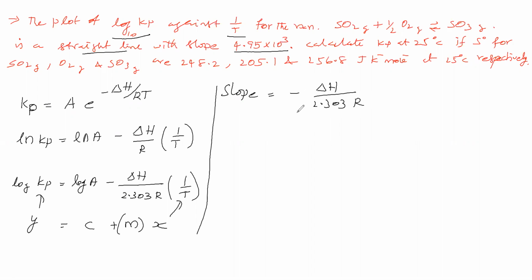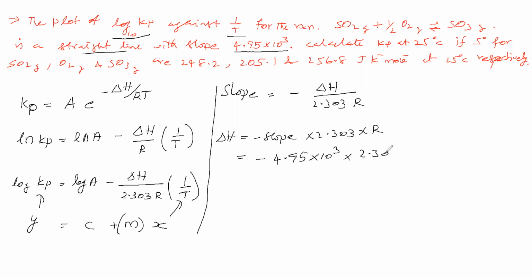So now we will find delta H from this. Delta H is equal to minus slope into 2.303 into R. Slope is 4.95 into 10 to the power of 3, given.